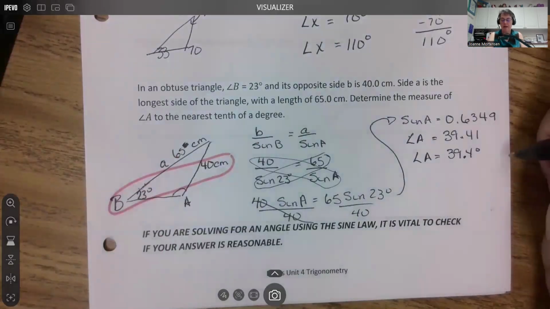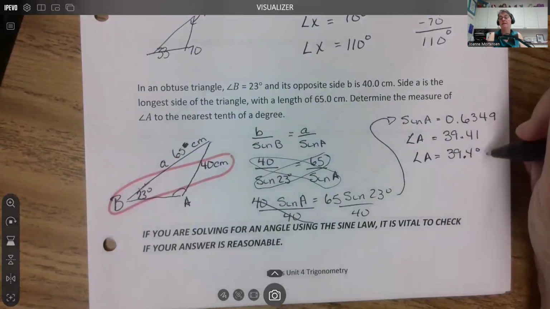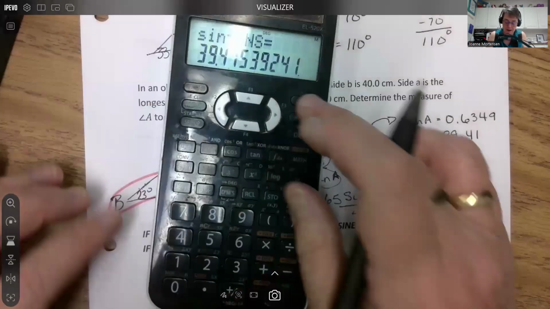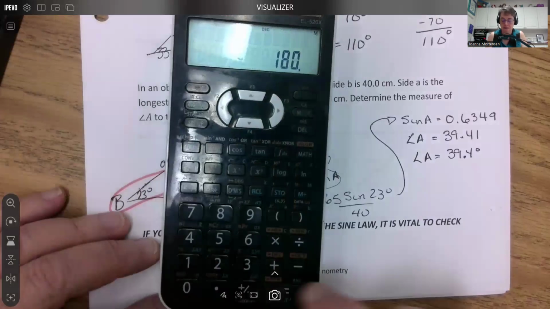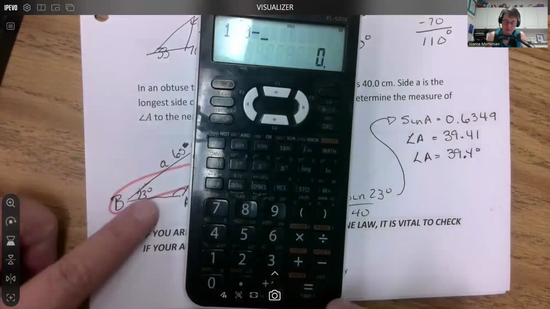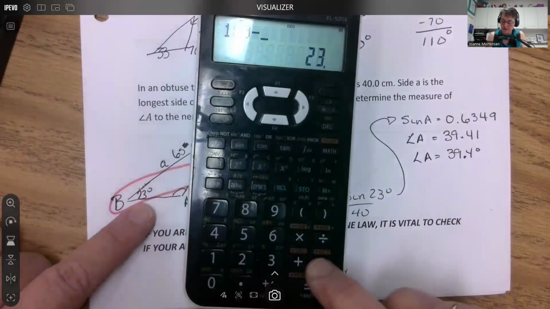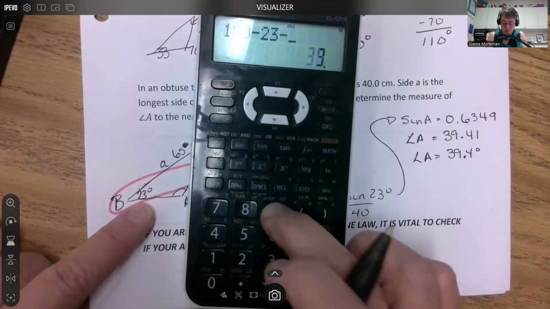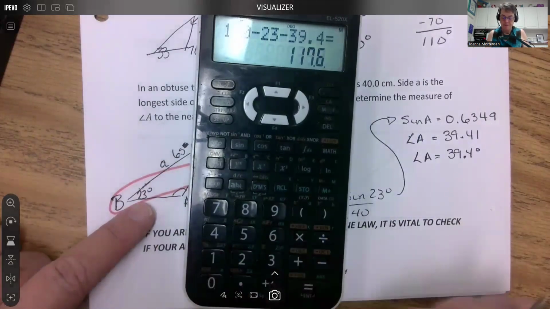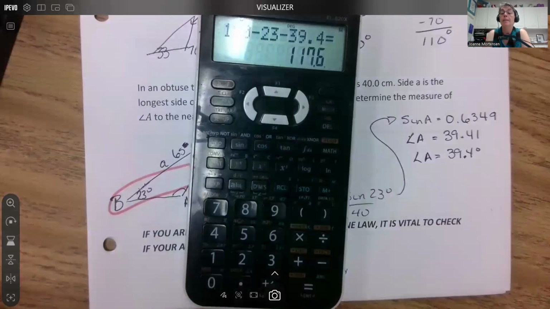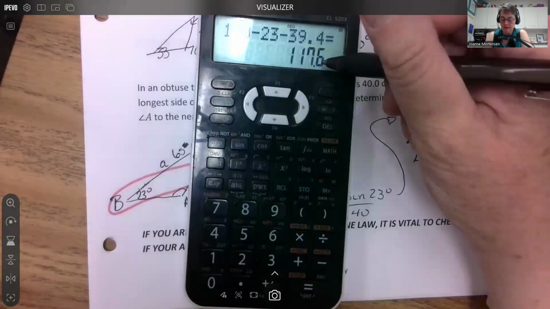But there's no way that is the biggest angle of a triangle, because you've got 180 altogether. Subtract the 23 we already have. Now subtract 39.4 that we just calculated. That would leave the remaining angle to be 117.